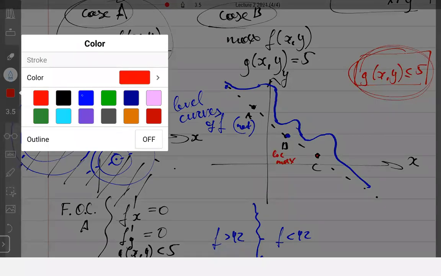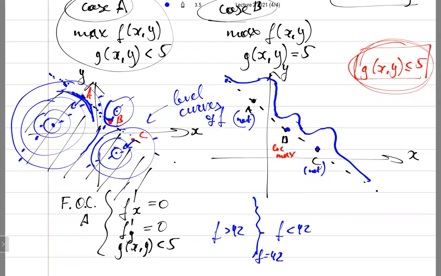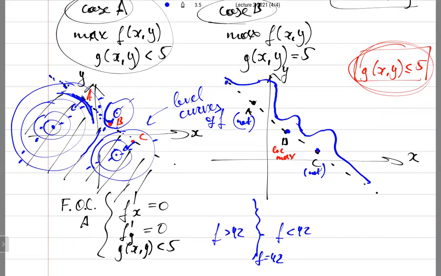So this is not a local maximum because I can go there to be higher on the hill. Okay, so now we have understood the geometry, and let us write this in a system of equations.